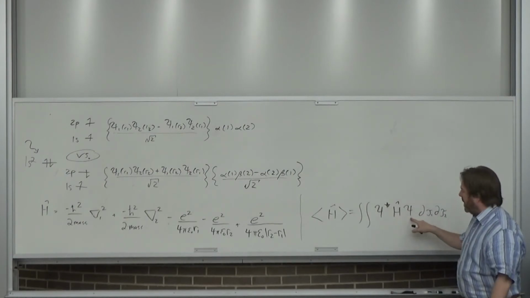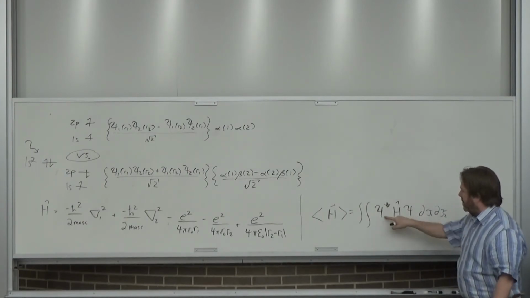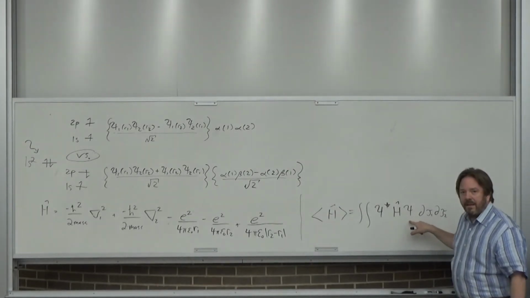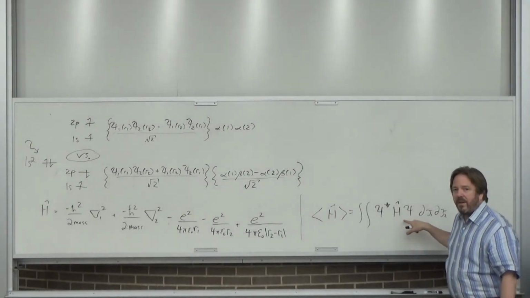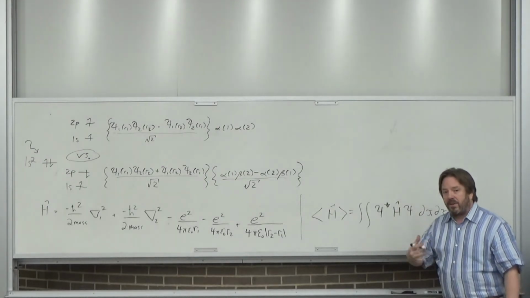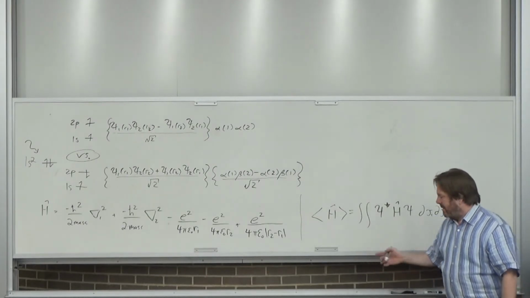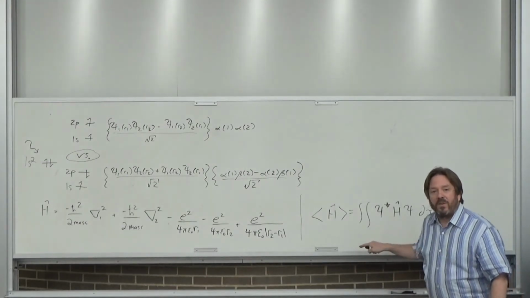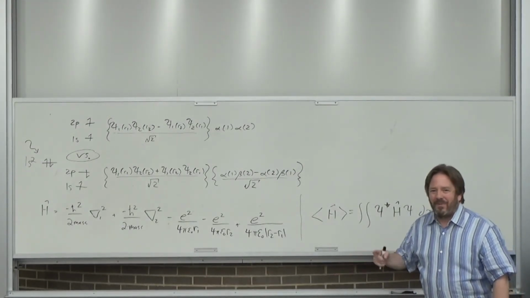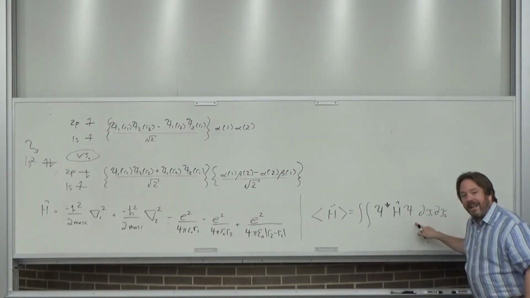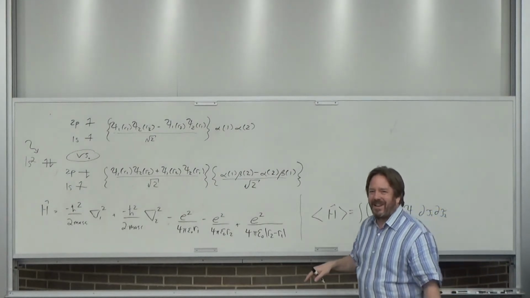Times 4 more, same thing really, complex conjugate. 20 times 4, that's 80. And remember that when you have an integral of a plus b, it turns into 2 integrals, right? Integral of a plus integral of b. So there's 80 integrals. Now I bet most of them are 0. Actually, they're almost all 0, but there's 80 integrals that you have to do.